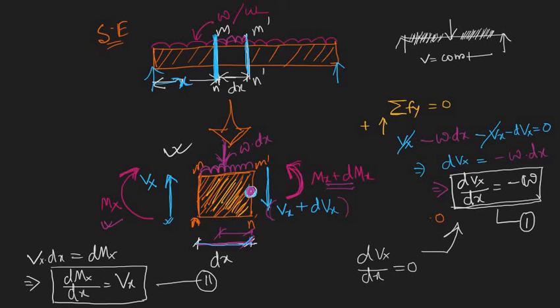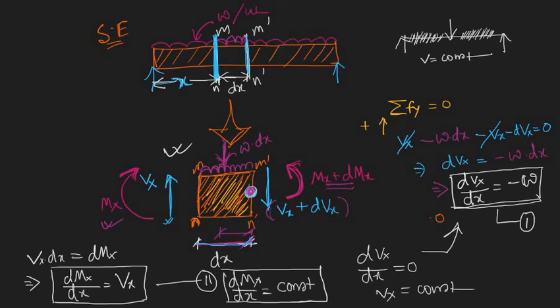And if dV by dx is 0, in that case dM by dx is simply this, which is constant. So the slope of the bending moment diagram becomes constant.